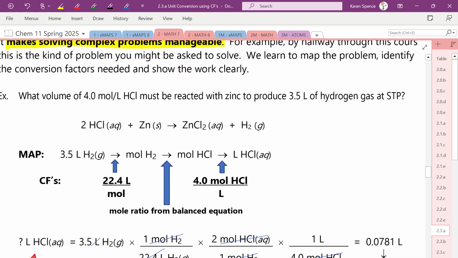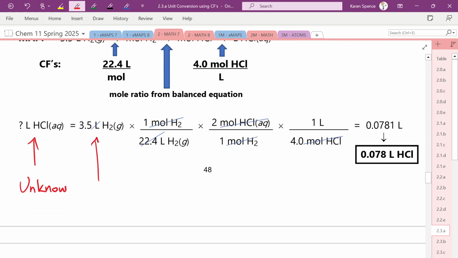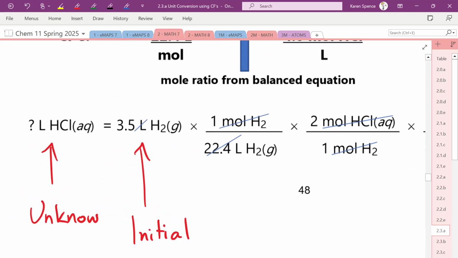In the question, we are given our unknown, what volume, that's our unknown, and we are given our initial quantity, which is 3.5 liters. And then all we have to do is make sure that everything cancels. So if I have liters of H2 on the top, I need to have liters of H2 on the bottom. So they cancel out.